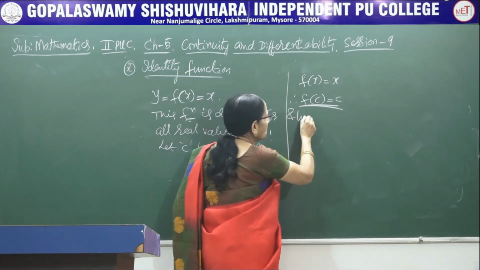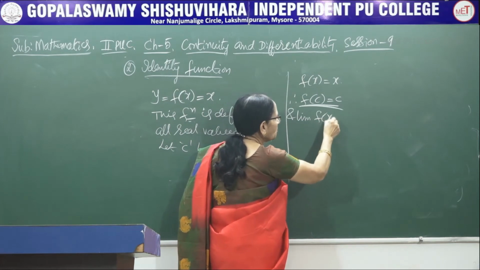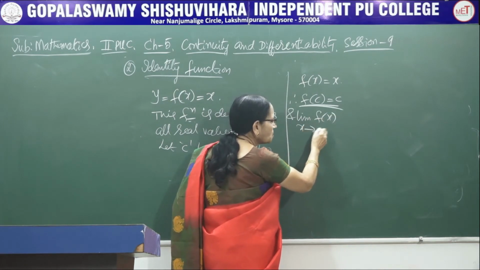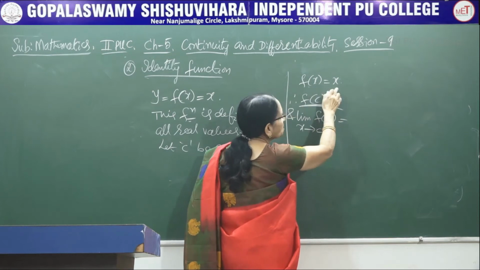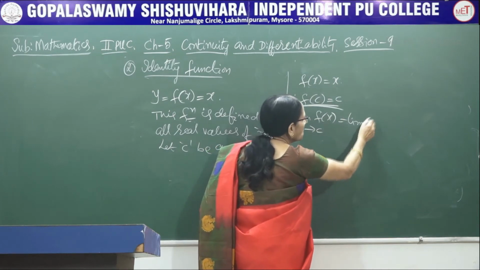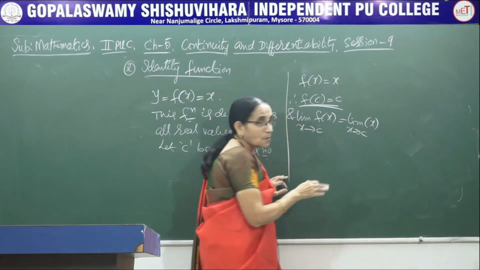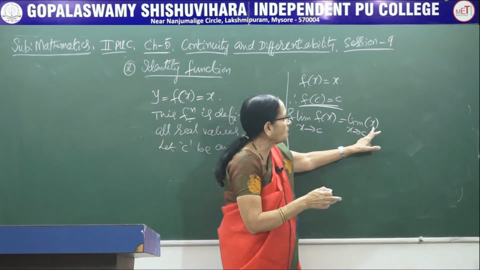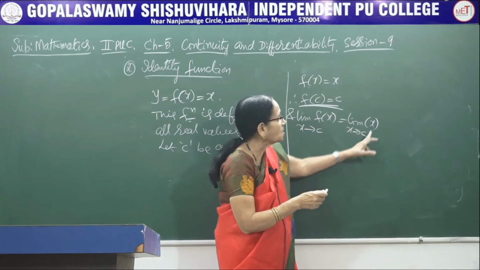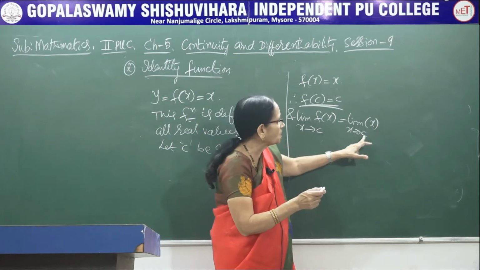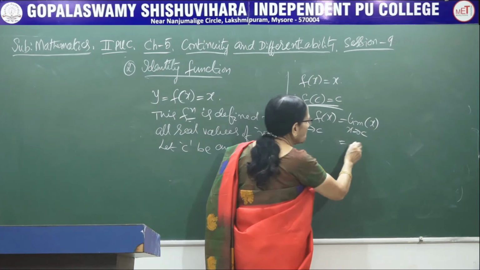Now, let me calculate the limit. Limit of f(x) as x tends to c. What is the definition of the function? It is limit of x as x tends to c. So, in the previous problem it was a constant, k was there, we wrote k, whereas here it is a variable. So, this should be given the value c. That would be equal to c.